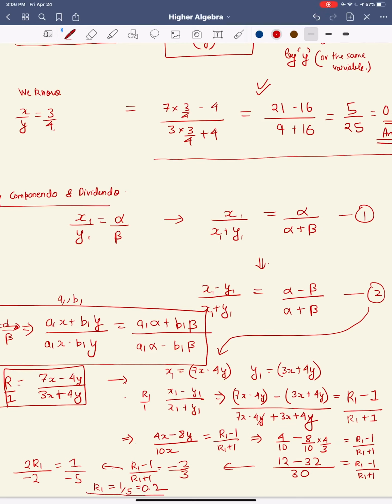So this is how we can also apply the concept of componendo and dividendo in tackling these ratio problems. Okay.